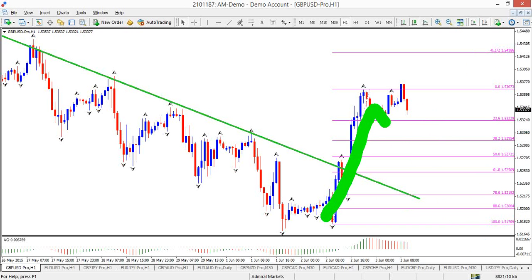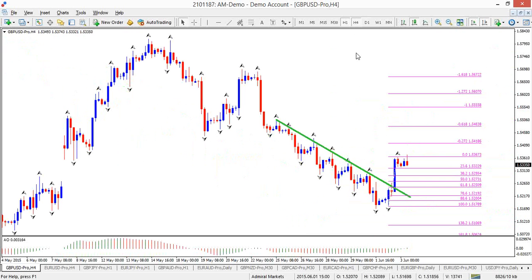So I still think that the zigzag here is the most likely scenario. Just after a fresh break of this fractal, on average, there should be at least one more follow through. After that, we'll see. But that's my opinion on this pound dollar.